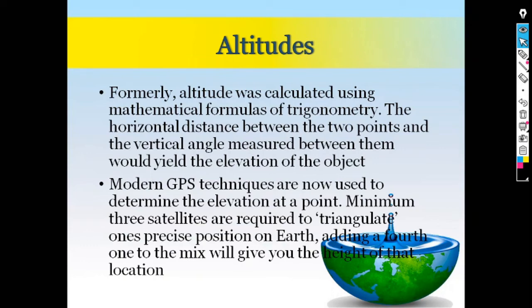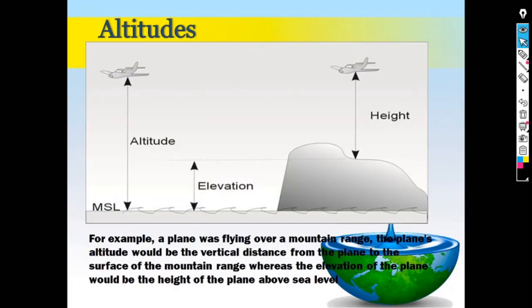Adding a fourth one to the mix will give you the height of the location. That's why whenever we are in the field, we should wait for at least 4 satellites to connect to our GPS, so we get perfect location and perfect elevation or altitude.